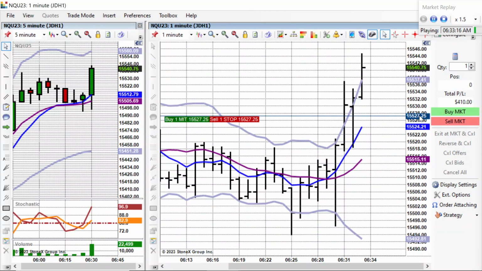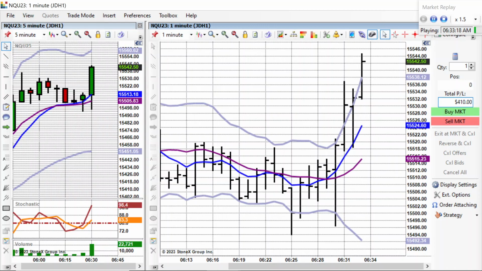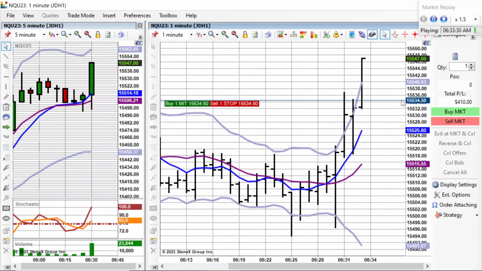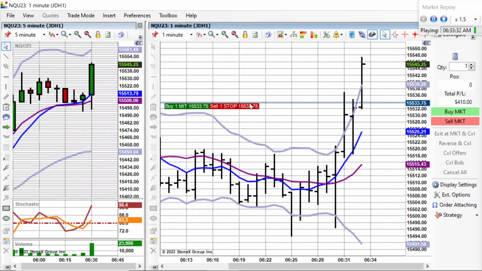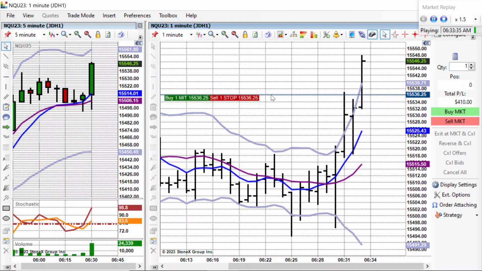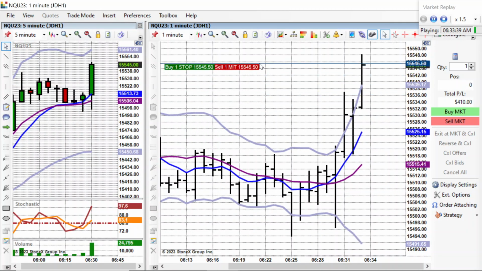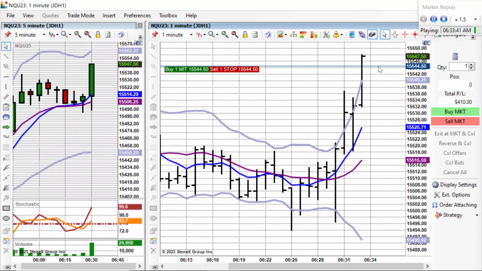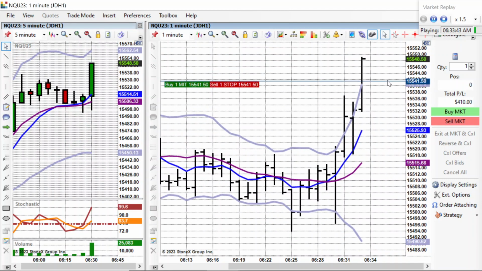It's showing 410, but in a real market that would be less. It would take out brokers' commissions, and it would take out the exchange fees, and so it's $5 and something for this particular broker per trade on the NQ contract, the NQ e-mini, NASDAQ e-mini contract.